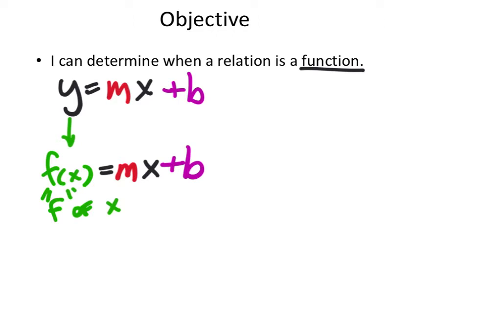So determining when a relation is a function. Okay, there's only really two questions you have to ask yourself. And this is really just for tables or lists of points. We'll talk about how to tell on graphs here in a moment. All right? But you're going to go through two questions. You're going to look for any x values that repeat.